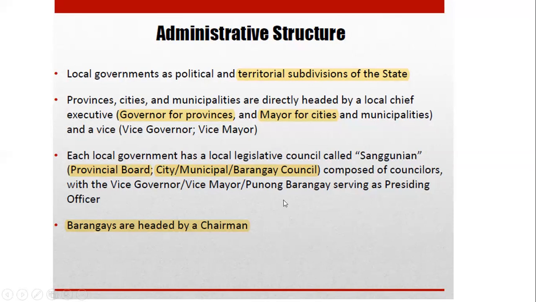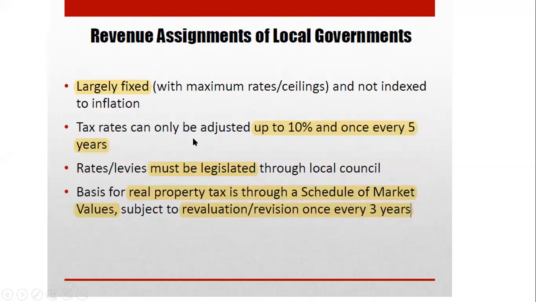Okay? All right. Now, these are the revenue assignments of local government. Normally, it's fixed, and tax rates can only be adjusted up to 10% and only once every 5 years. So that's the maximum that they can increase taxes. As we will see next meeting, which of these are implemented or collected by the local government.